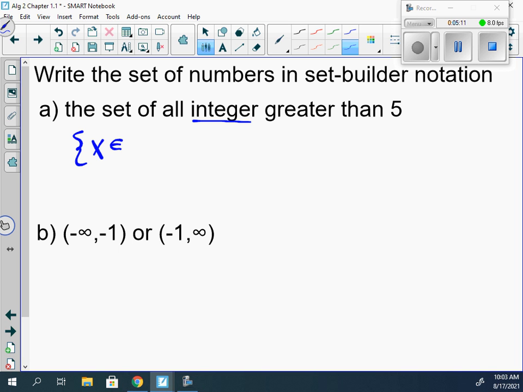What we can use is this little e. It's not an actual e, it looks like an e. It looks like a little trident, or the top part of a trident. What that represents is an element. What we're saying is x is an element, or x is an, what do we want it to be? Integer.